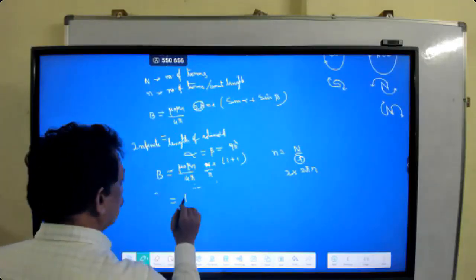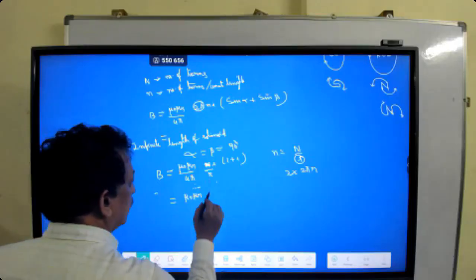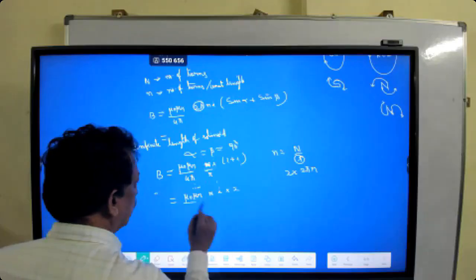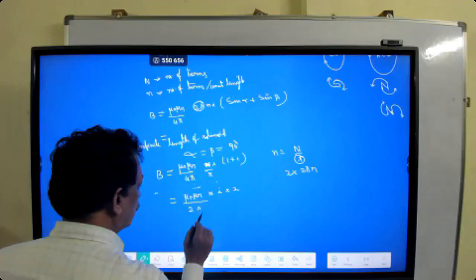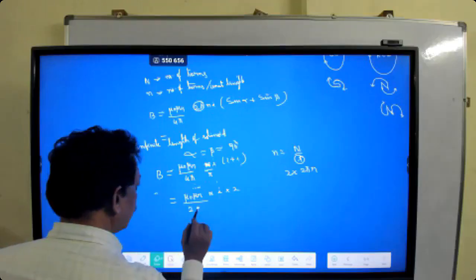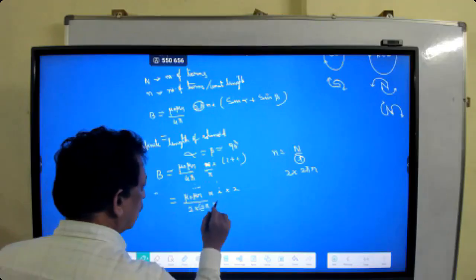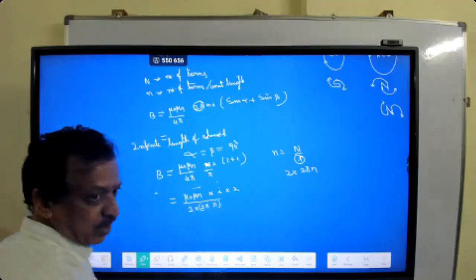So mu naught mu r N I is equal to 2 divided by, this can be written as 2 into 2 pi r, and 2 pi r is the circumference.